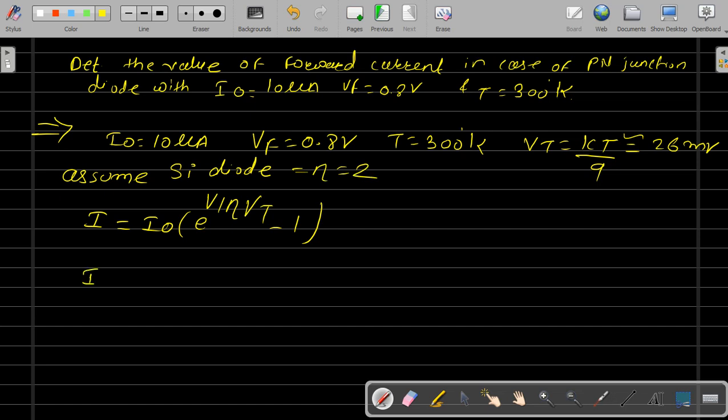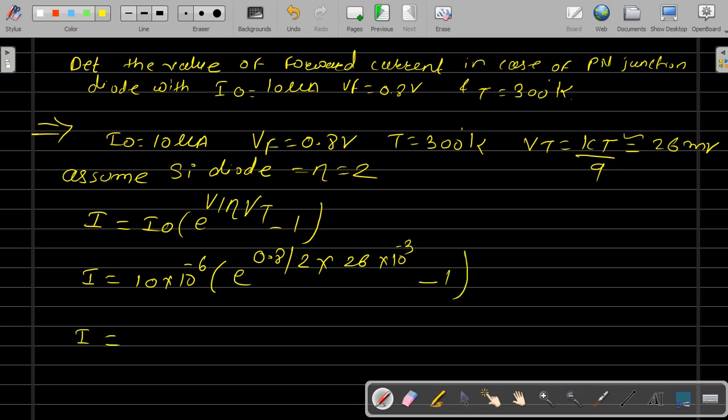If you substitute those values, 10 into 10 power minus 6 into e power 0.8 divided by 2 into Vt, 26 into 10 power minus 3, minus 1.